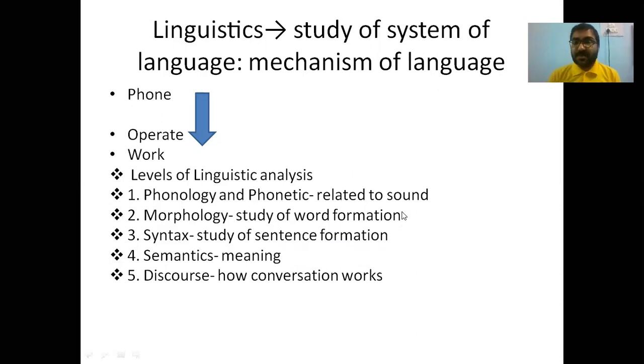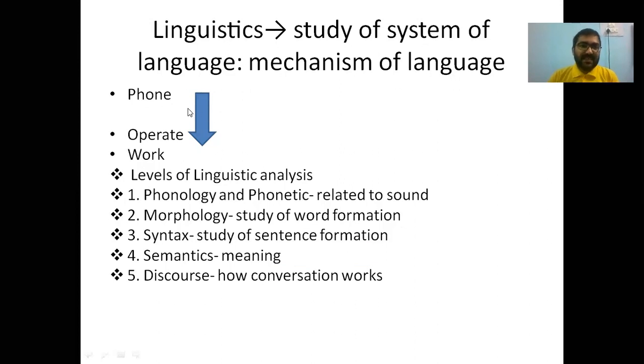There is a system we are studying in linguistics. We use language, but what is the system, how are we using it, how are we making sentences and making sounds? That we study in linguistics. It's basically the mechanism of language, the machine, the system, to know how a language works. We study that in the area called linguistics.